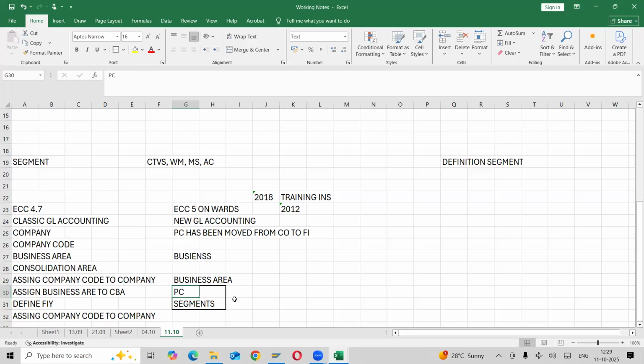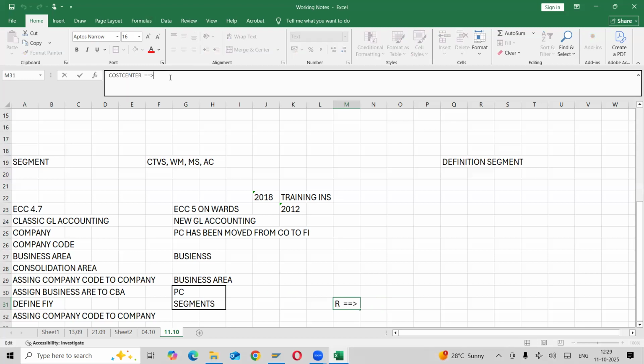Remember that. Normally the structure is that the cost center will be linked to your profit center, and the profit center will be linked to your segment. We are going to see this in our next sessions.